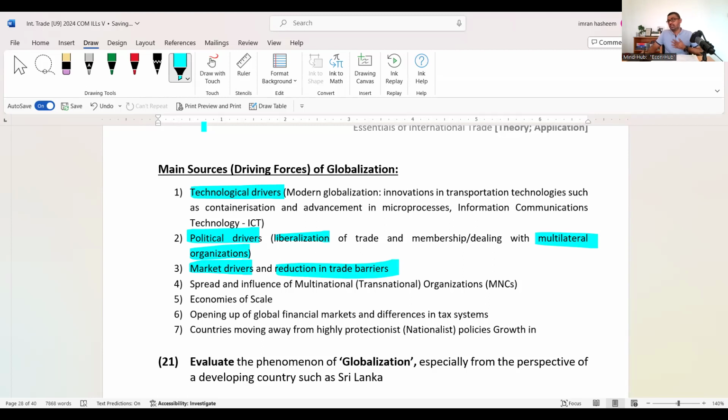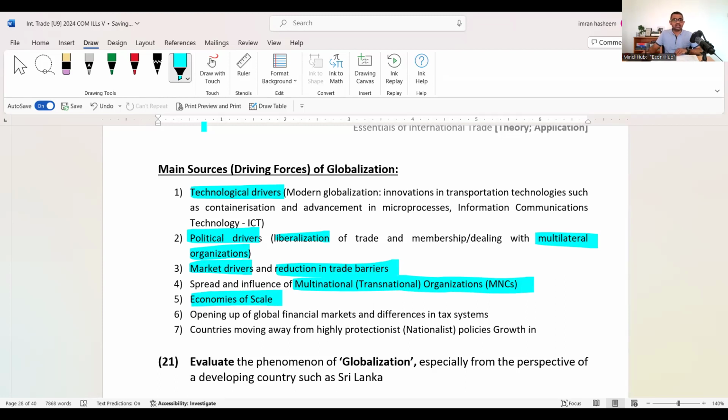Then the spread and influence of, remember we talked about the multinational or transnational organizations. They are one of the major driving forces of globalization, multinational companies. Then sometimes countries, to attain the benefits of economies of scale, might want to open up their economy and deal with the other countries.